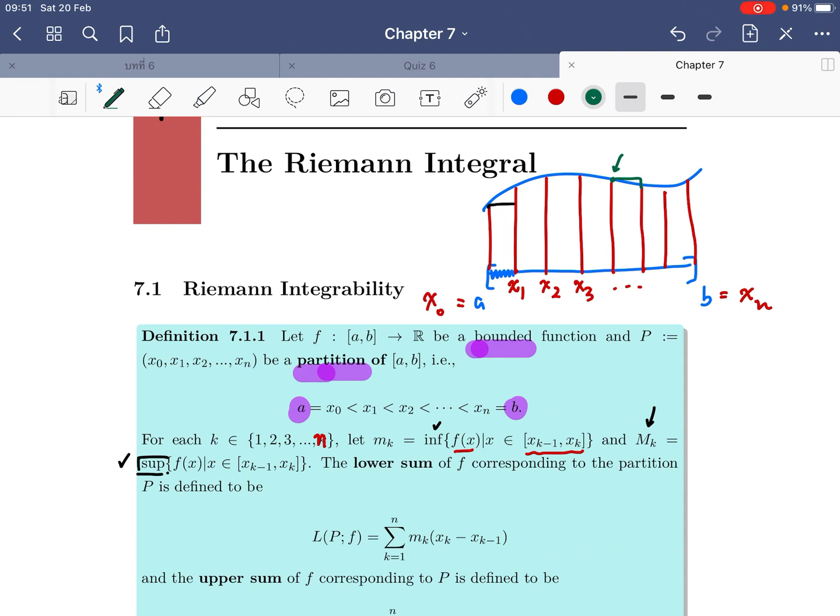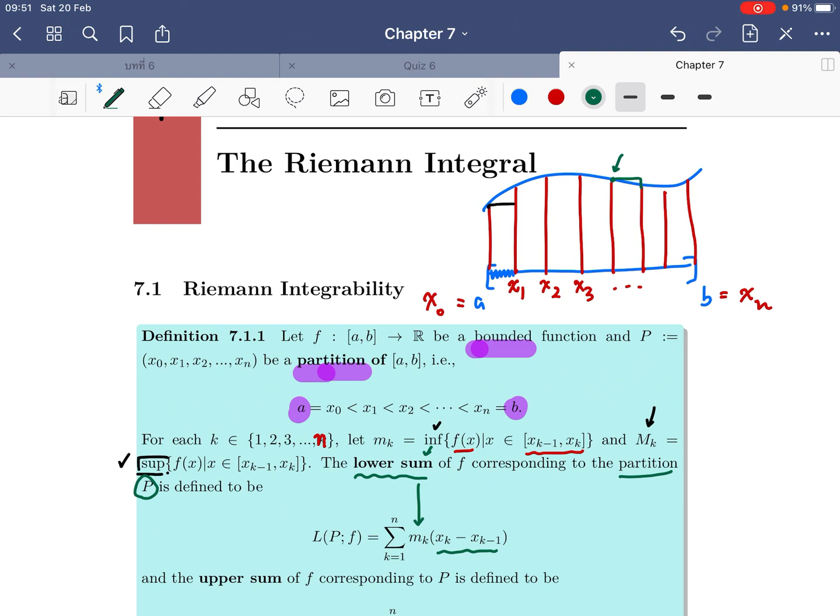And then for a particular partition P, we are going to define the so-called lower sum. For the lower sum, we collect all the infimums, multiplied by the length of each interval. Note that each interval may not have the same length.